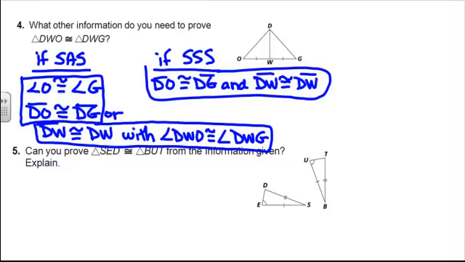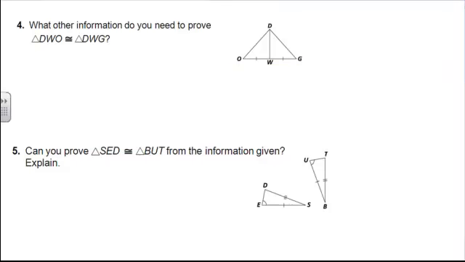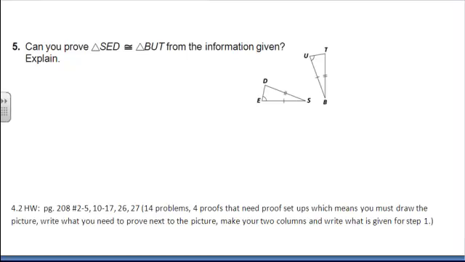Okay, last one. Can you prove these triangles are congruent? The way that these marks read from the given information is this is marking an angle, this is marking this side, and this is marking this side. Now if I read these marks, it's going to spell a bad word. I'm going to tell you that. You could spell angle, side, side, or side, side, angle.